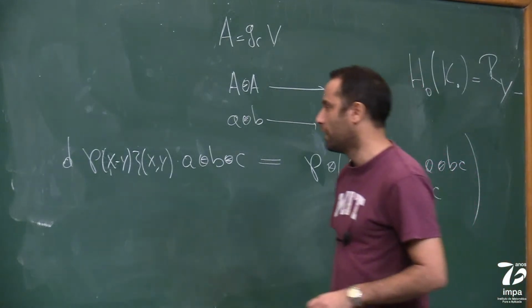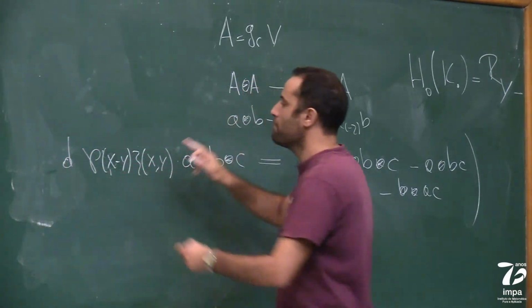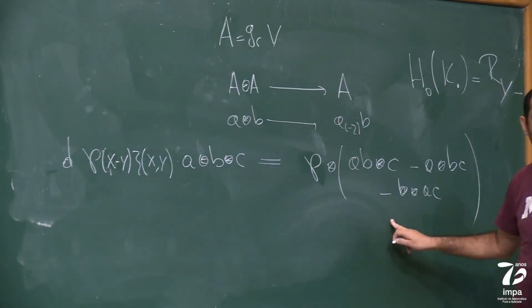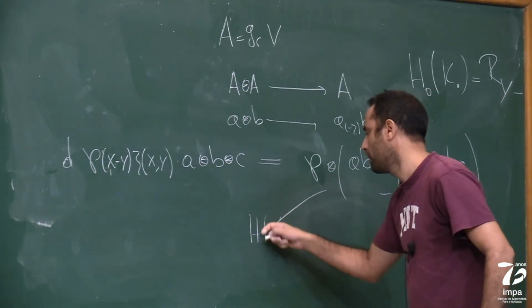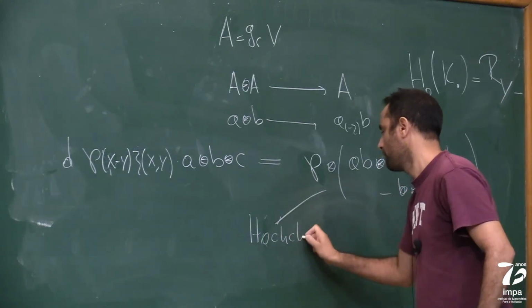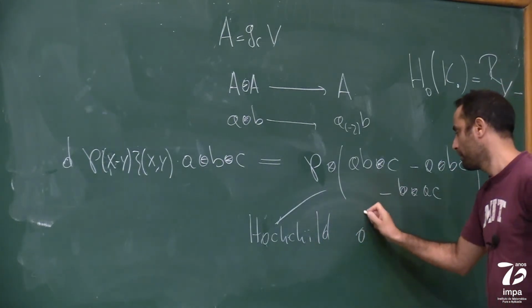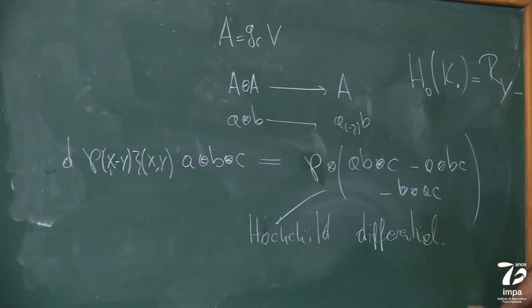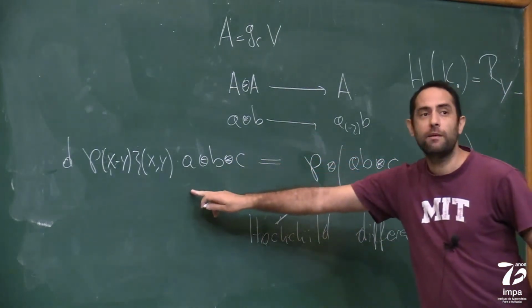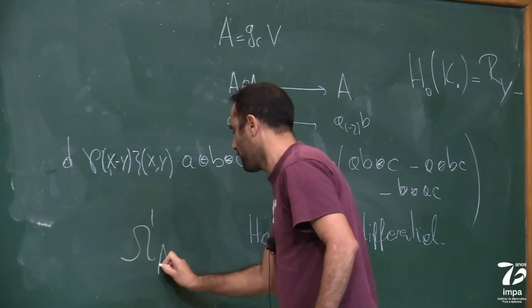Everything else is deeper in the filtration. So we see that this A tensor A modulo the image of this differential, which is the Hochschild differential. So this is the Hochschild differential for A, as a commutative algebra, or as an associative algebra, which happens to be commutative. So when I quotient by the image of this differential, I get omega 1 of A.